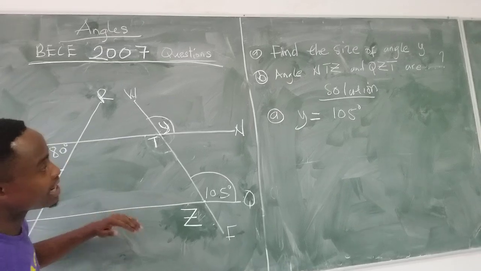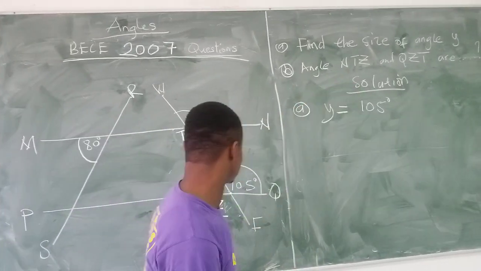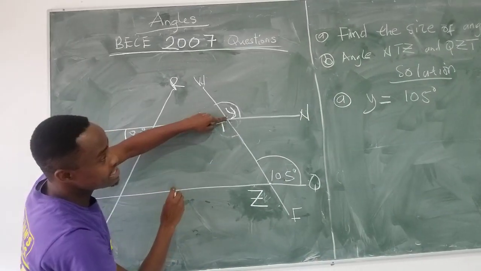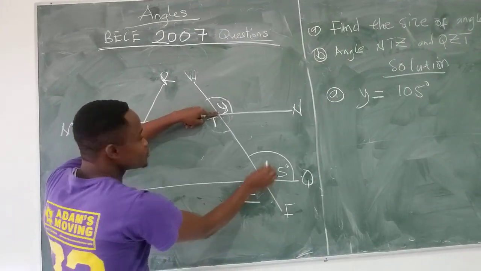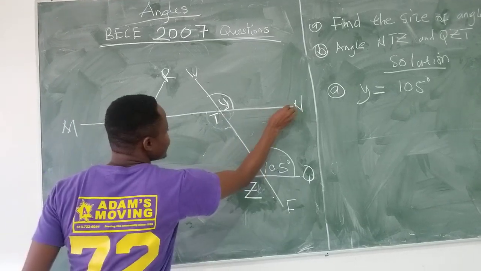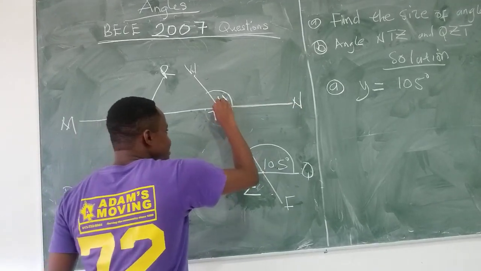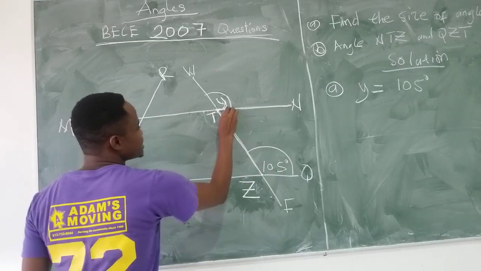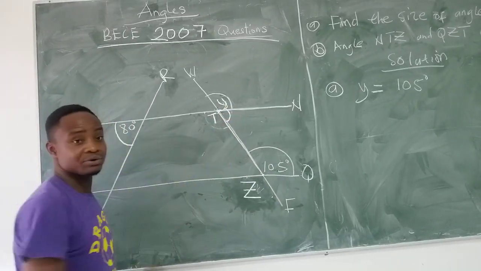So you come to your diagram and look at NTZ. This is N, this is our T, and this is our Z. So you trace it N, T, and then Z. So this is the angle that we are talking about.